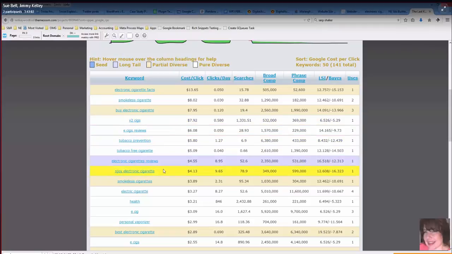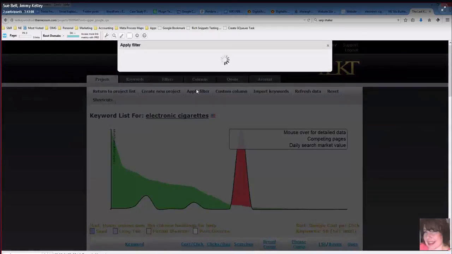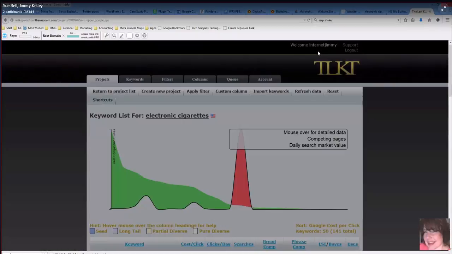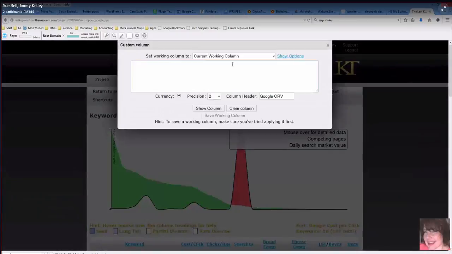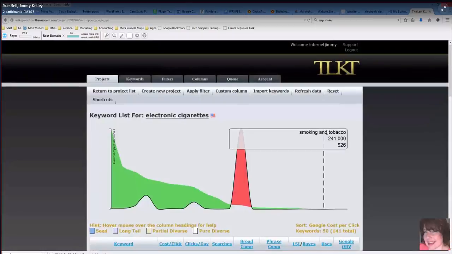So I would go with, actually, let me just show you one more filter that we can put on here. Not a filter, I want a column. I've got a column here that's called ORV, Organic Rank Value. And what that does is it combines the concept of cost per click and searches together.